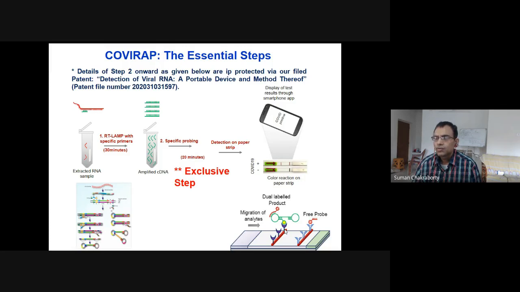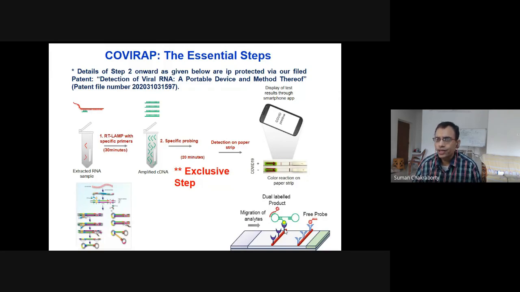What it means in common terms is that it is possible to specifically detect COVID-19 as compared to other infections which could be of similar nature. To do that, we had innovated a special step, but all these can be done in isothermal or piecewise isothermal nucleic acid based tests.